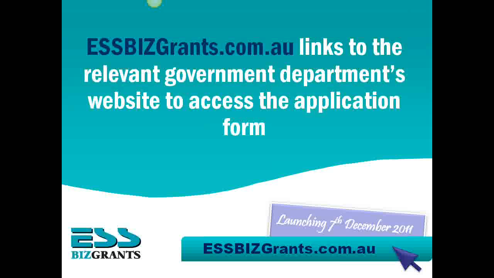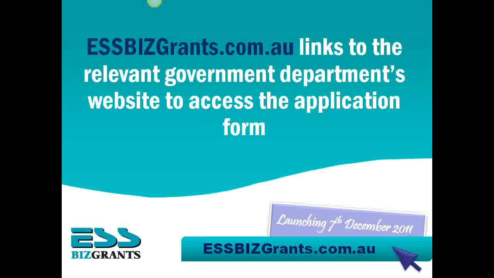So by going to the government website and looking for the application form there, and we'll be taking you direct to where the application form is supposed to be, if for some reason the government has recently withdrawn that grant, then you will be made aware of that, obviously, because there's no application form, and you won't be wasting any further time.